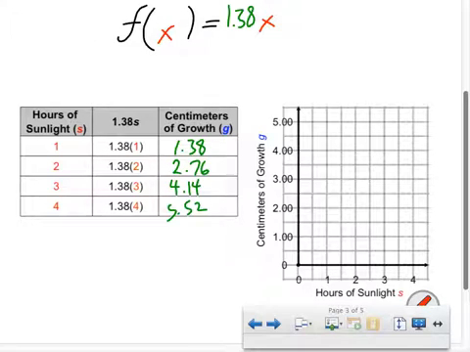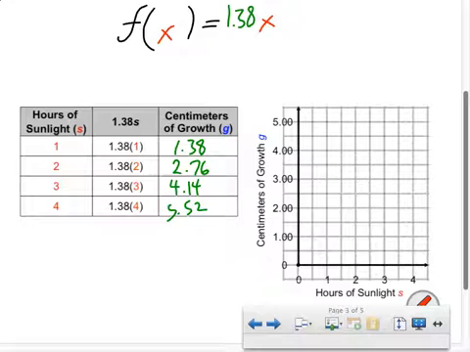So look, my input is 1 hour. That's my sideways axis, so I find the 1. And then look, my output was 1.38 centimeters, so I got to find that on my y-axis. So at 1, I'm going to go up 1. Now look, I'm only labeling my units every whole centimeter, right? And then in between every half centimeter, there's no mark there. So we have to use that to estimate.